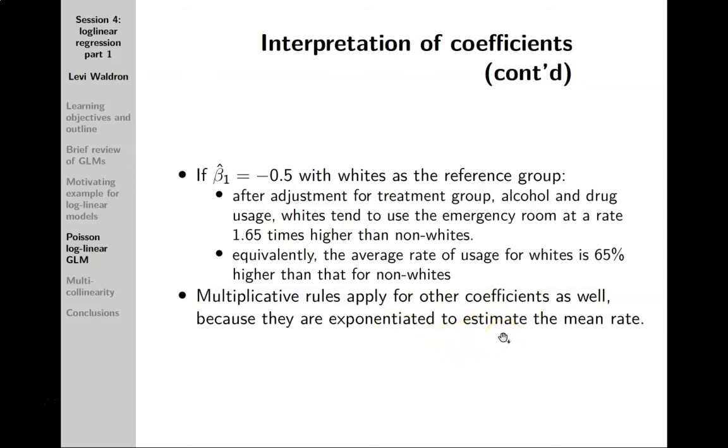So if you have, say, blood pressure as a predictor, an increase of 1 unit of blood pressure doesn't just mean an increase of beta in the expected value of the response count, but it has to be exponentiated to interpret as a ratio.